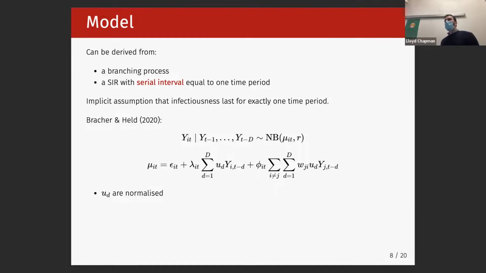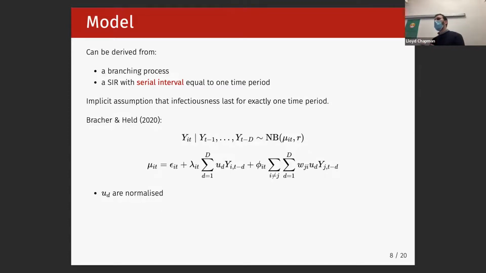What it means is that with this model, we're implicitly making the assumption that the infectiousness lasts for exactly 1 day. And there is a lot of evidence that, of course, that is not the case for COVID-19.